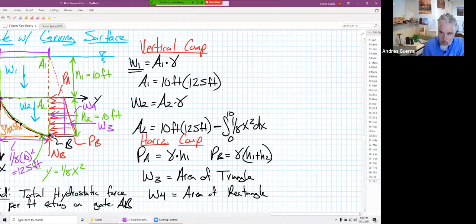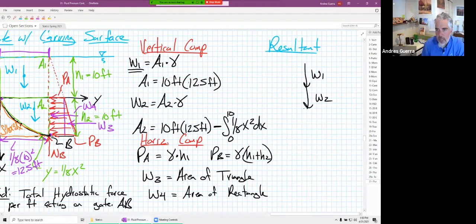Now we have one more thing. We need to find the resultant, and this is a key last step. We have W1 and W2 going down, and we have W3 and W4 going to the right. Our WR is the hypotenuse of that triangle.